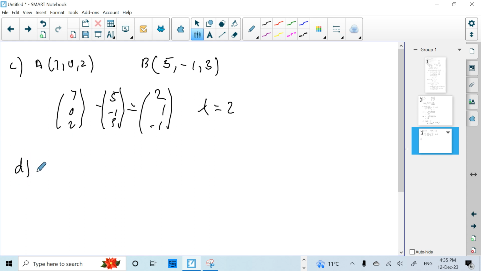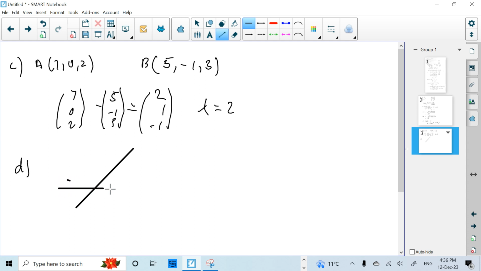Part D, finding the shortest distance. Well, if I'm going to find the shortest distance, then I need to perhaps do a little sketch of the vectors, so let's try and do that. Need a line. Here's line L2, and L1 will be here.